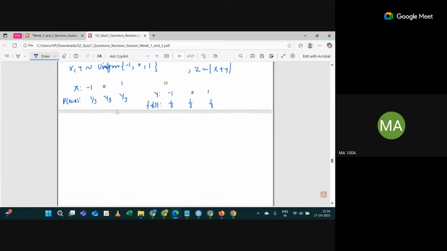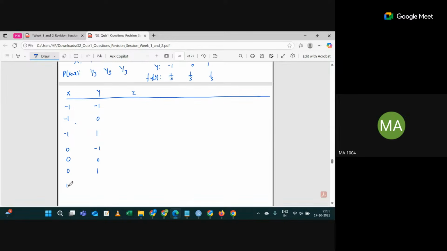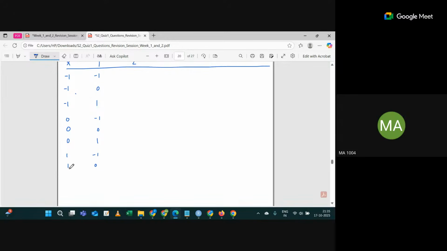Now, what should be my next step? My next step should be to write all the possible values, which may take some time, but it will give the correct answer. So, fix one value of X and change for all Y: (-1,-1), (-1,0), (-1,1), then (0,-1), (0,0), (0,1), and then (1,-1), (1,0), (1,1).